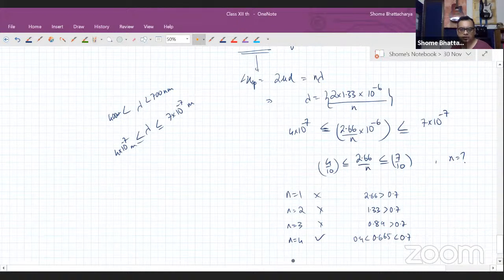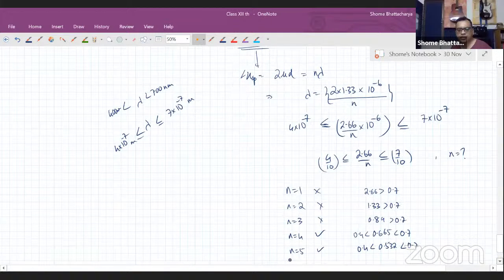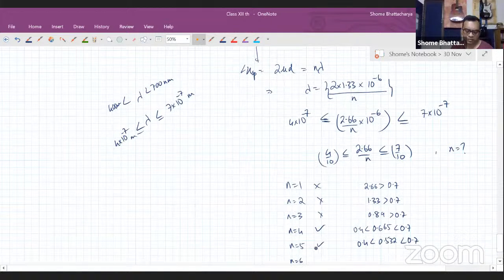Then you take n equal to 5. So this is also fine. 0.53. Okay. Then let's see for n equal to 6 what we get. So 2.66 divided by 6. So that's just about falling in the boundary region, 0.443. So this is also falling in this region.